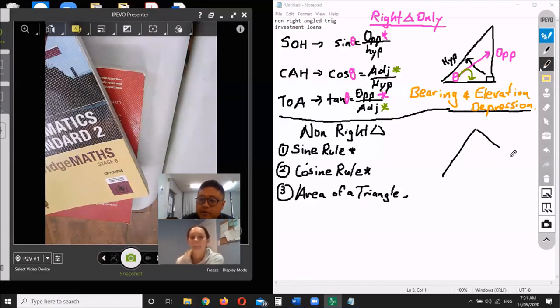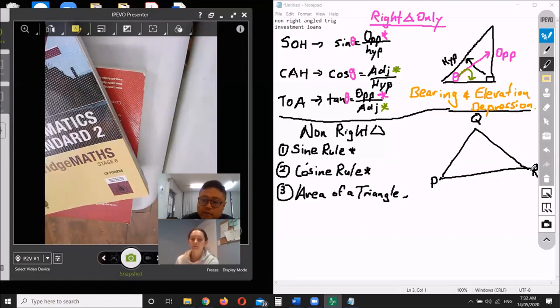If we take a non-right angle triangle, I'm going to deliberately choose different letters from what you're used to seeing. You're used to seeing A, B, and C. Instead we'll use P, Q, and R. P, Q, and R are capital letters because they represent the vertices or the angles.